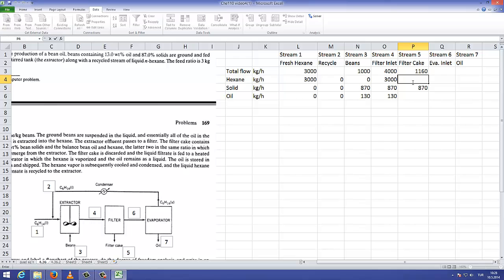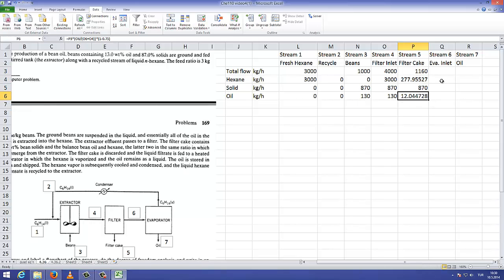So again, this is the filter cake times the amount of hexane over the amount of hexane plus oil, in the 25% here. As you see, this is calculated here. Alright, now it's correct. It's again the filter cake times the oil amount over oil plus hexane amount, in the 25%.